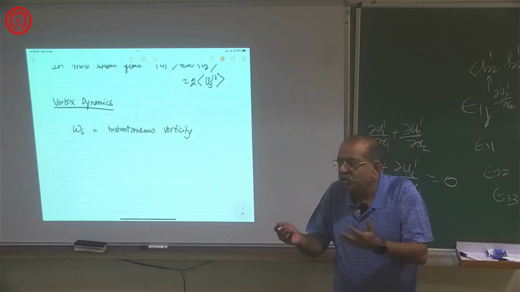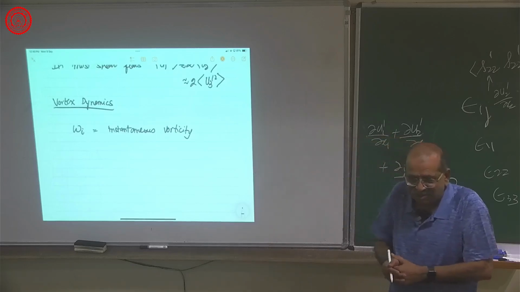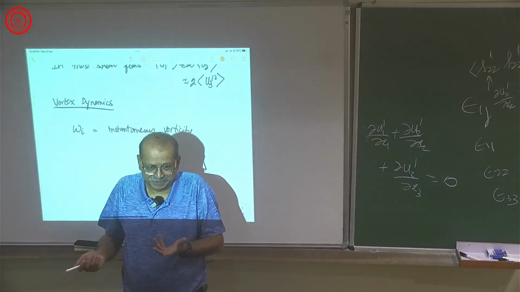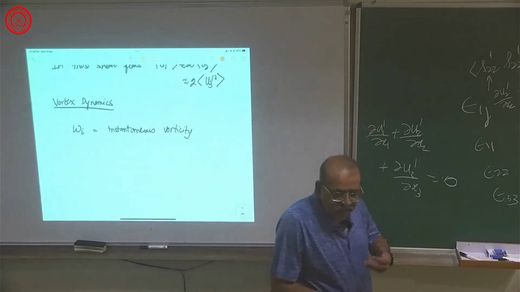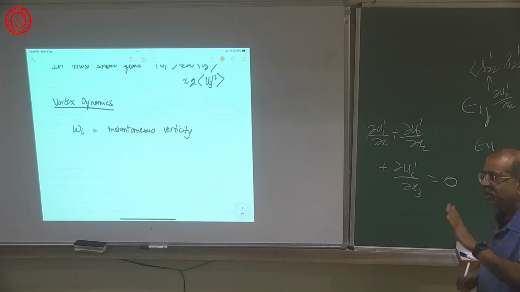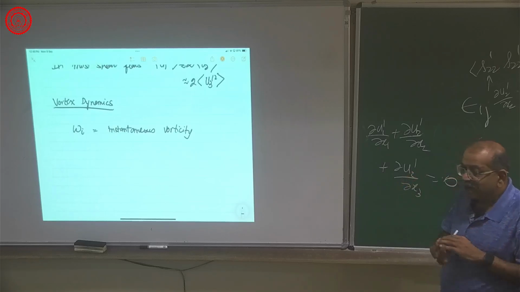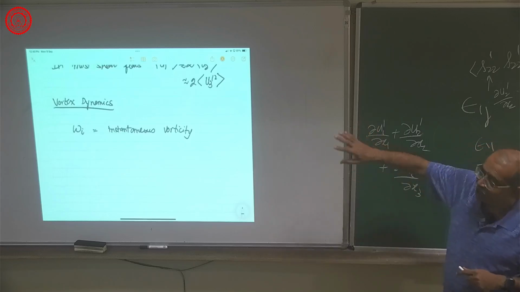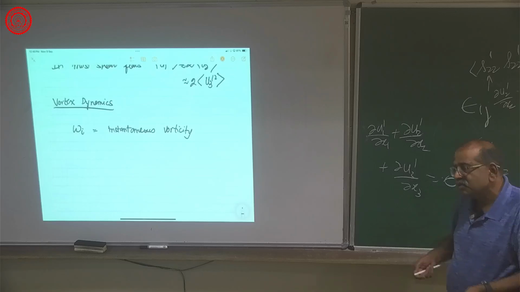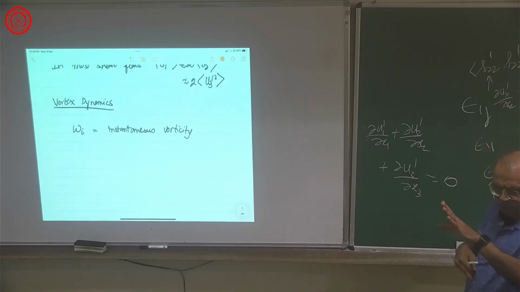So having seen all these equations, we want to see what role vorticity plays. Our approach will be two-sided. First, we will look at the velocity equation, which we have done, and try to convert things in terms of vorticity in that equation. Some of this you may have seen in your first course, but I'm assuming you have not done anything.